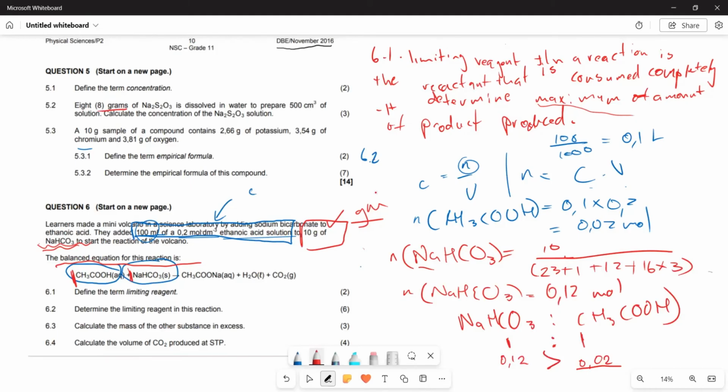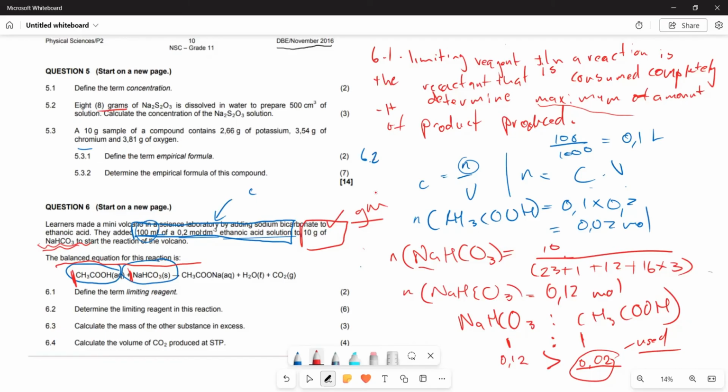So which one is going to be used up first? This one is going to be used up first. This one determines the maximum amount of product, because it is the one that runs out. As soon as it runs out, there is no way that we can continue with our reaction.